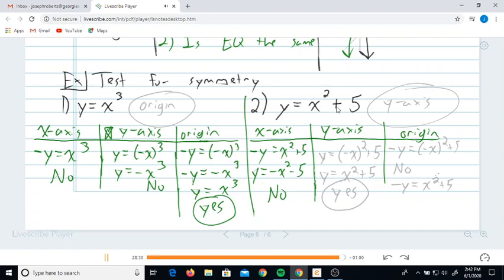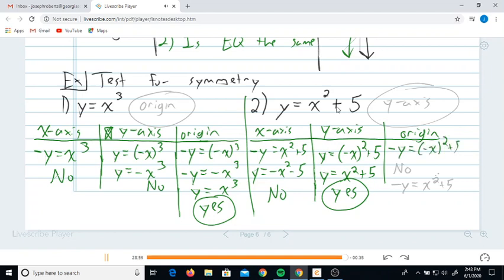Y-axis means I change the x coordinate. So instead of having x squared, it's going to be negative x squared. And you can see here, when I square a negative, it changes it to a positive, and we get a match. So this one is symmetric to the y-axis. Let's see if it's symmetric to the origin. So you switch both.